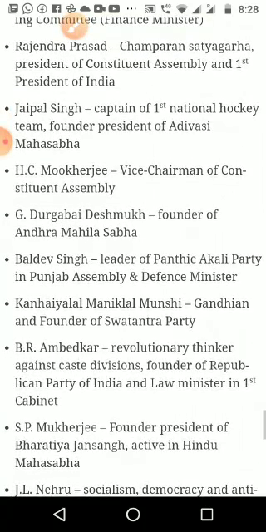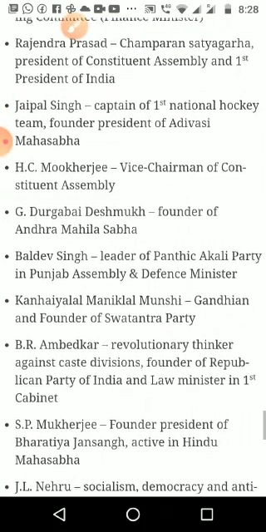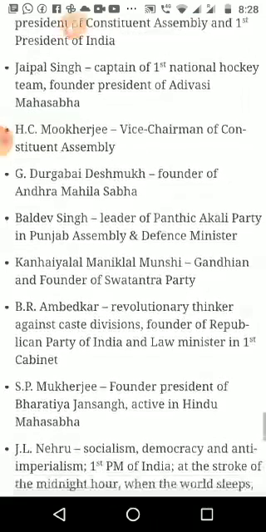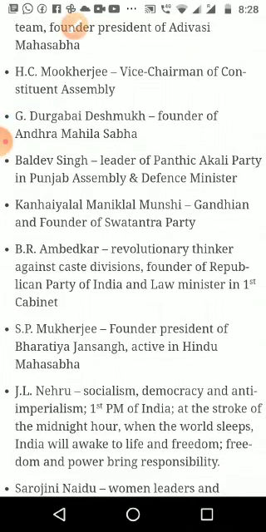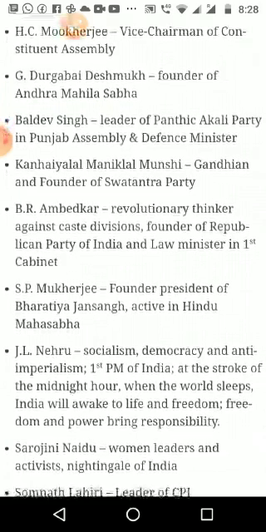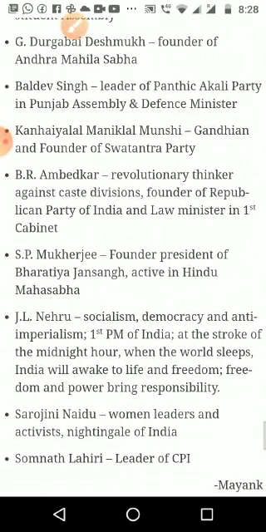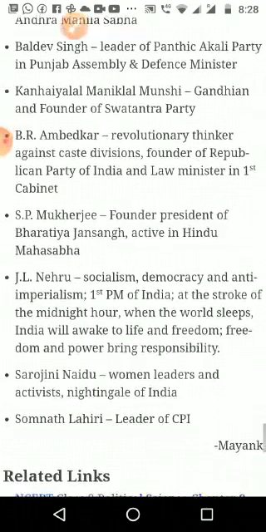Jaipal Singh, captain of the first national hockey team, founder president of the Adivasi Mahasabha. H.C. Mukherjee, vice chairman of the Constituent Assembly. G. Durgabai Deshmukh, founder of Andhra Mahila Sabha. Baldev Singh, leader of the Panthic Akali Party in the Punjab Assembly and Defense Minister.